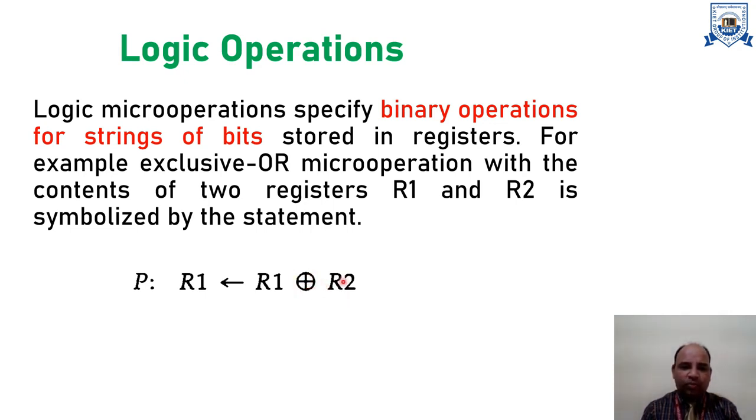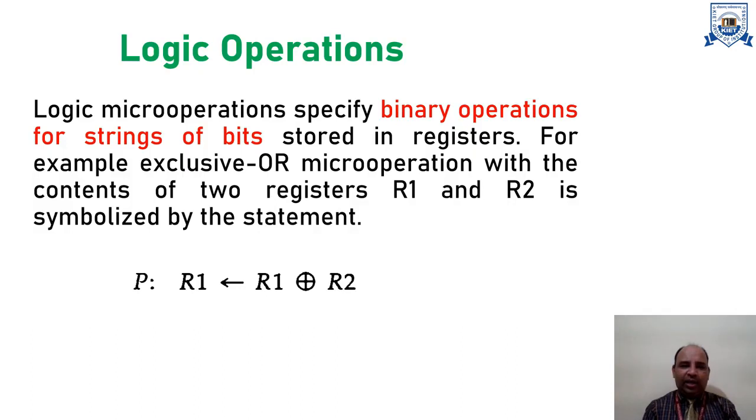This statement says that the content of register R1 and the content of register R2 are exclusively ORed bit by bit, and finally the result is transferred to register R1. Make sure this statement is only valid when your control signal P is active. So the exclusive OR micro operation with the content of two registers R1 and R2 is symbolized by the following statement.